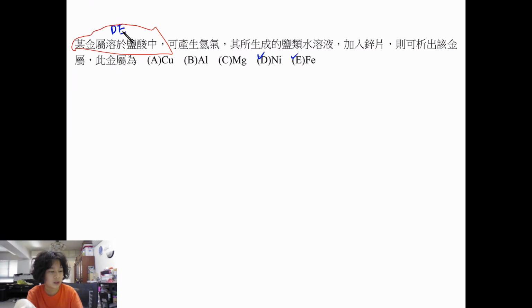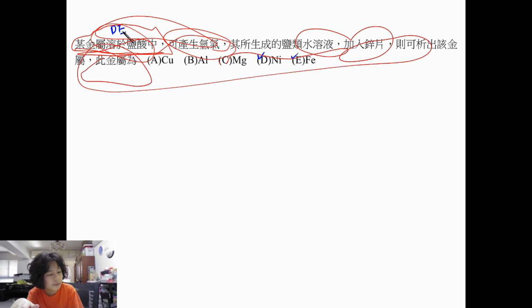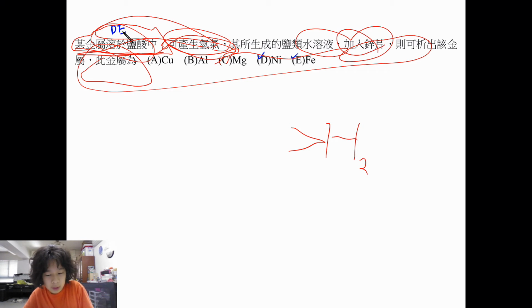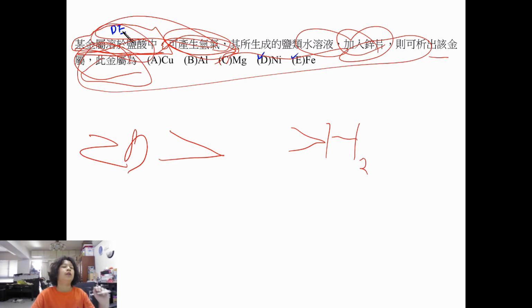If something contains hydrogen and you add a metal, and it can create hydrogen gas, that means the metal is more reactive than hydrogen. But when you put this in and you see the metal, it is less reactive than Zn.